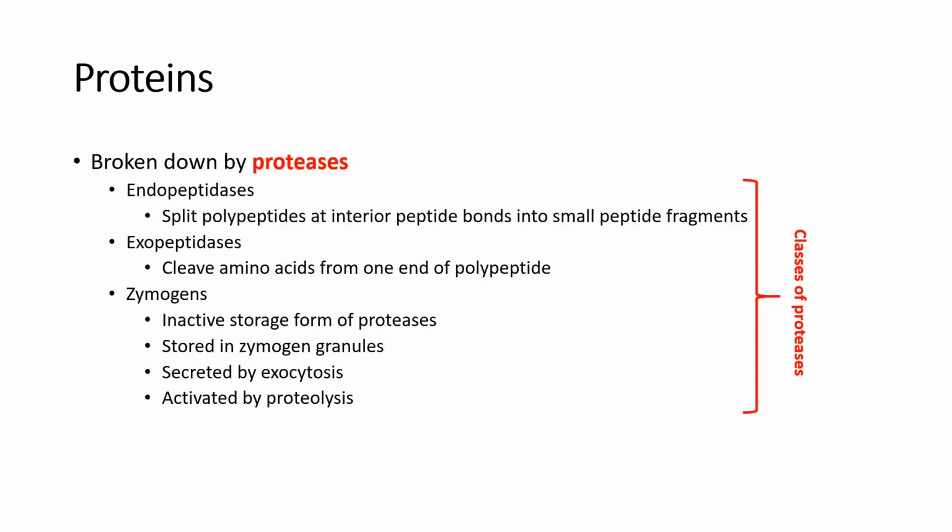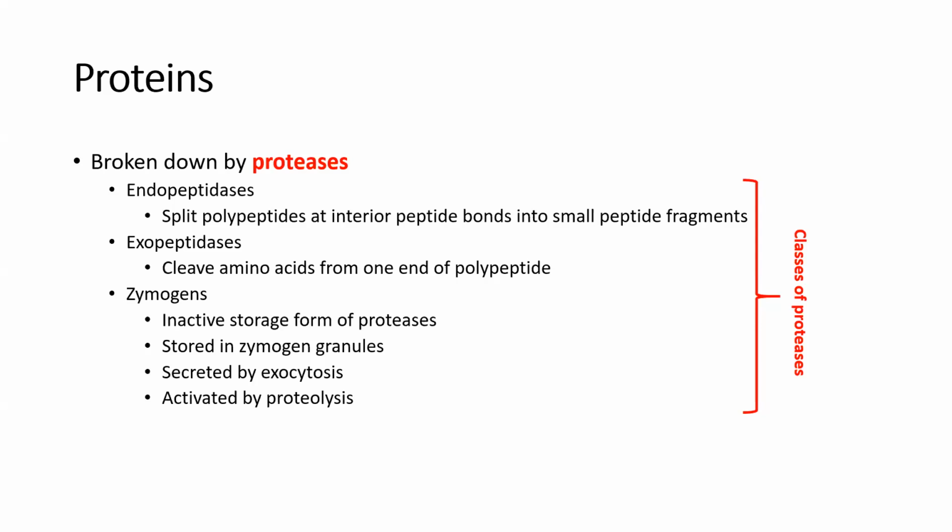So proteins are broken down by proteases, and this is just a general class of molecules. They're enzymes, to be specific, that break down proteins. There are many different types of proteases in terms of classifying them as to how they break down those proteins, as well as the specific type of protein they break down. So we've got endopeptidases.